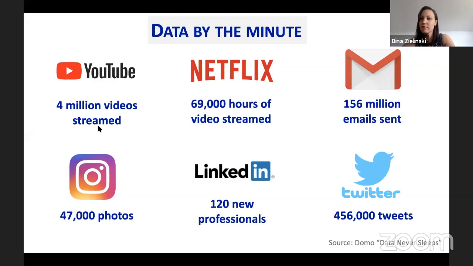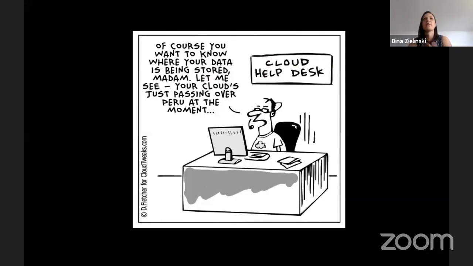Okay, so we generate a lot of data, and most of us don't really think about where this data is going, right? I send out my tweet, I send out my email, but really all the data that we generate, all the data that we store, it's not simply in this mystical unknown server.